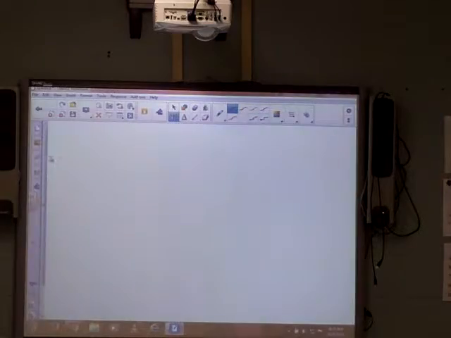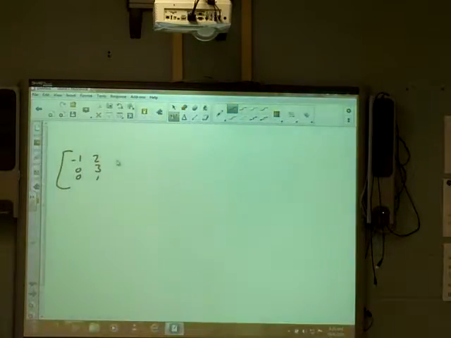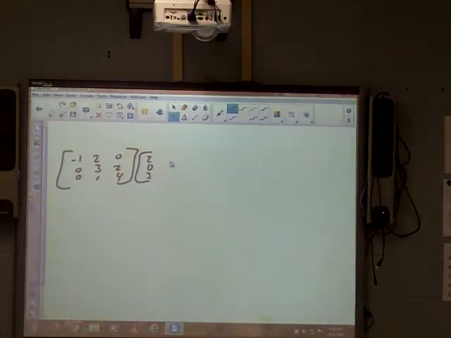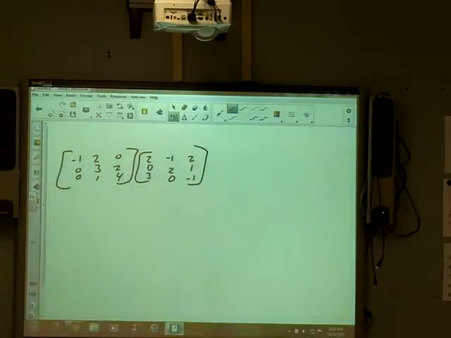Alright, let's look at if we wanted to multiply negative 1, 0, 0, 2, 3, 1, 0, 2, 4. I'm going to multiply that by 2, 0, 3, negative 1, 2, 0, 2, 1, negative 1. So for my options to do this by hand, I would have to take top row times first column.